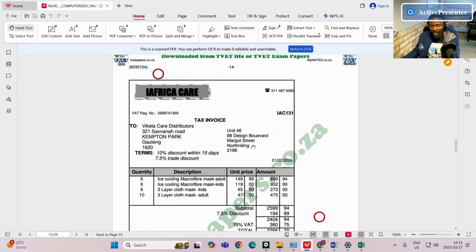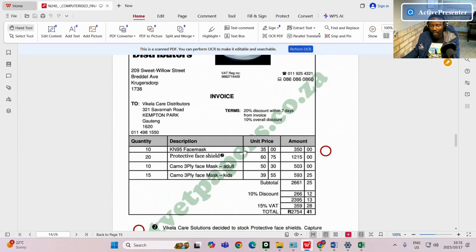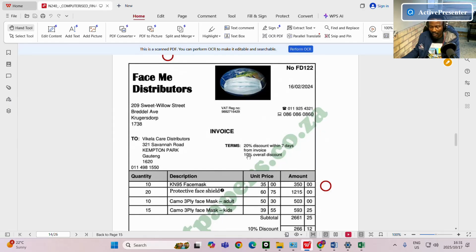So obviously I am given a percentage. It says 20% discount within 7 days from invoice date, right? So 16. Okay, normally they start counting from the end of the period. So yeah, I believe we do qualify for these terms.